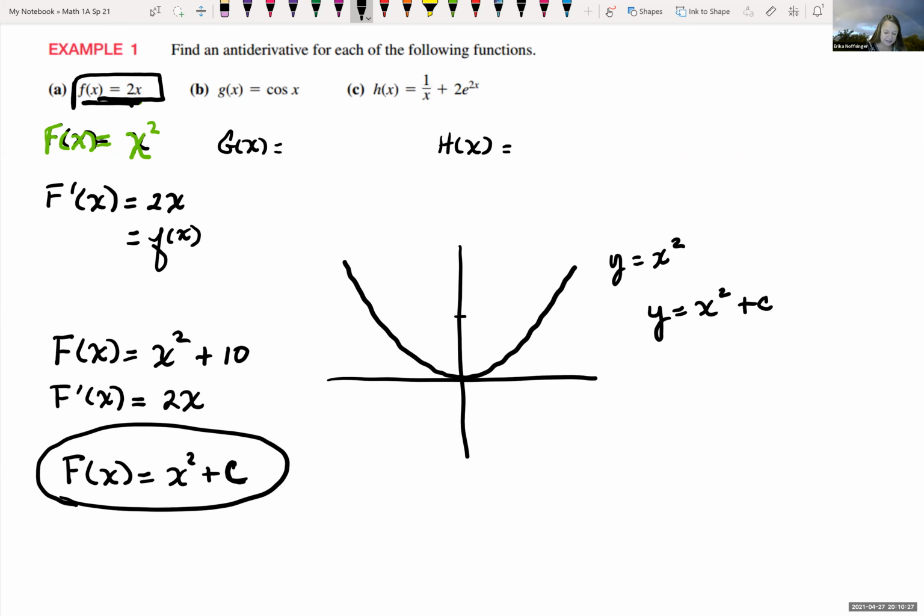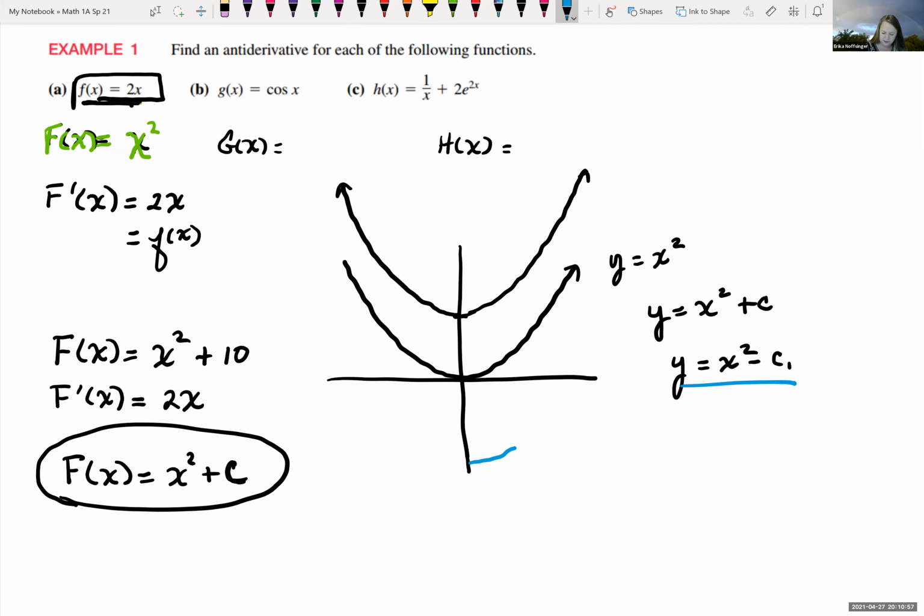So if we added some constant C here, we would have the same shape, but it would just be shifted up. Same thing if we took some value and subtracted some constant, just call it c sub 1. That would take our original function y equals f of x and just shift it down c sub 1 units. So same shape.